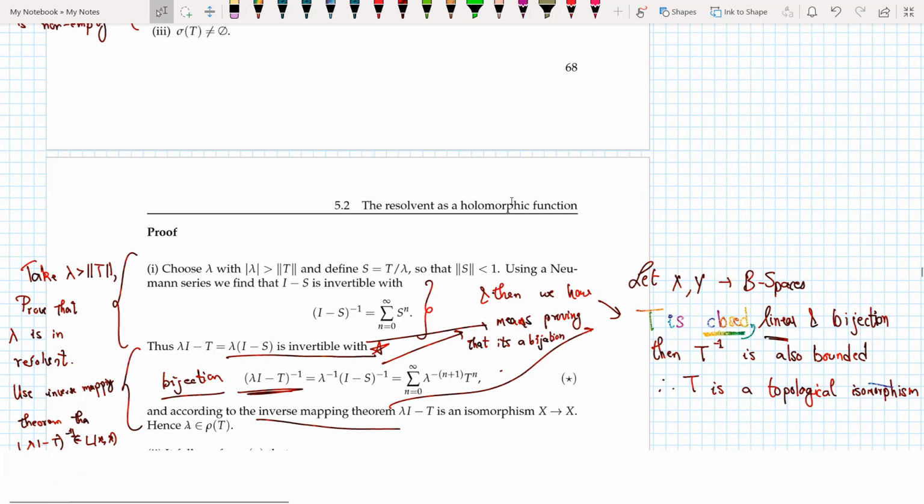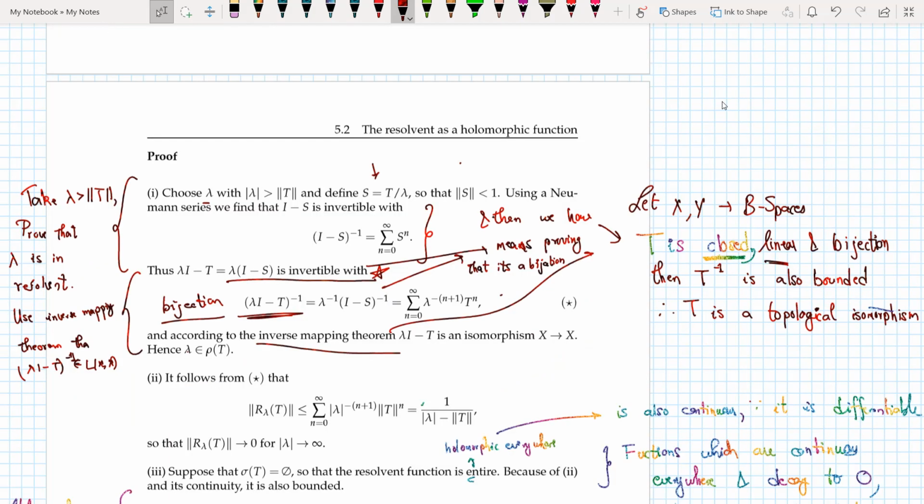So let's start. Choose a lambda with mod of lambda greater than norm of T, and define S to be T by lambda. Now when I choose S to be T by lambda, the norm of S becomes less than 1.